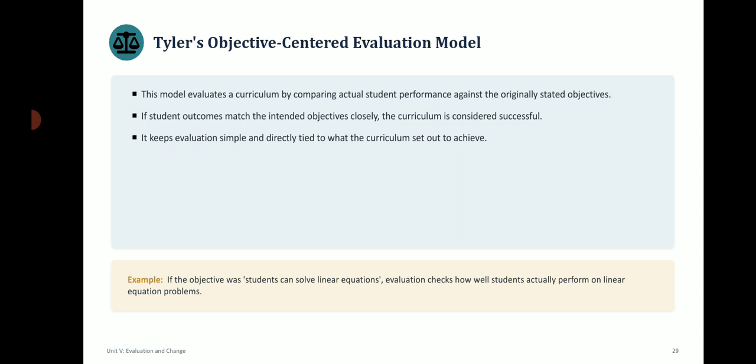Then evaluating and assessing the learner's experience. So objectives, then content, organization, and finally evaluation. These are the 4 common things that Taylor has given as the objective centered evaluation model, otherwise called the goal attainment model.